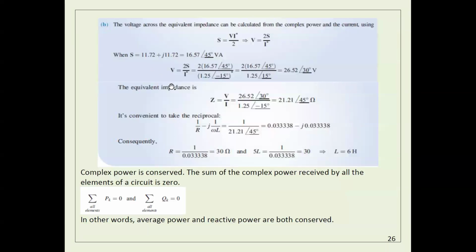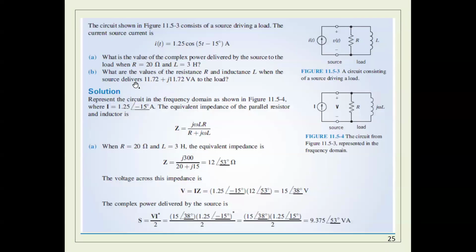Now, the next question. I want to change R and L. In the first part of the question, I gave you R and L. Now, what is the new value for R and the new value for L if I want to deliver this amount of power? This amount of power is different from what we have here.